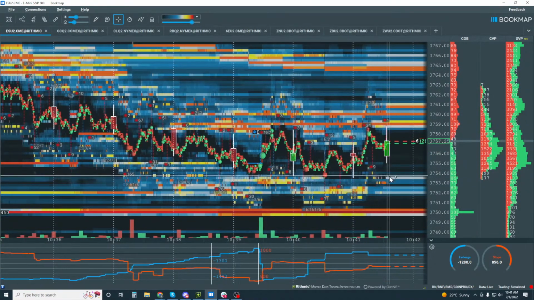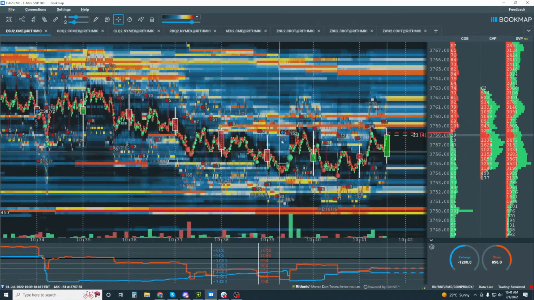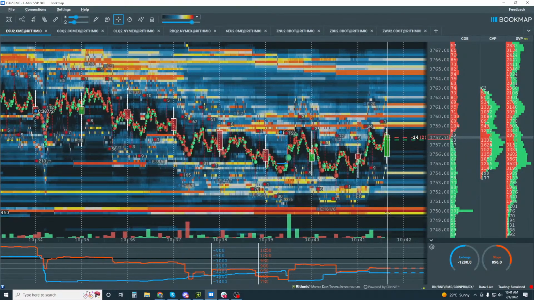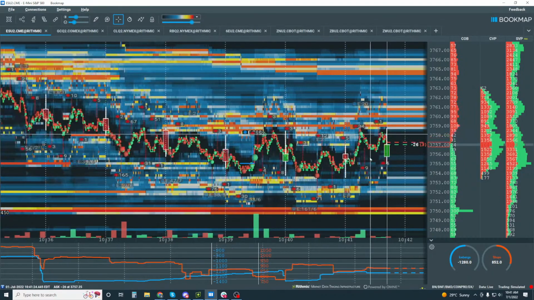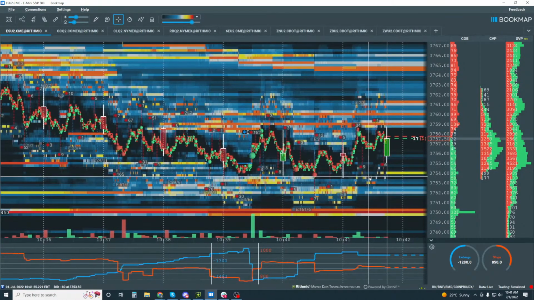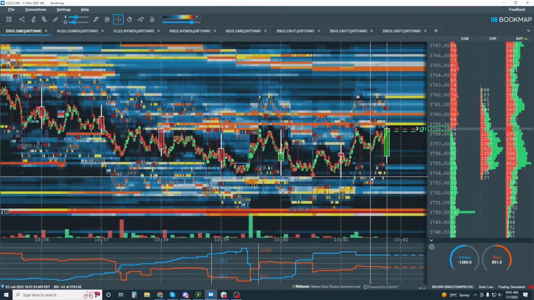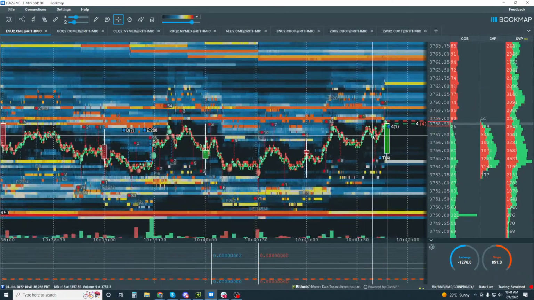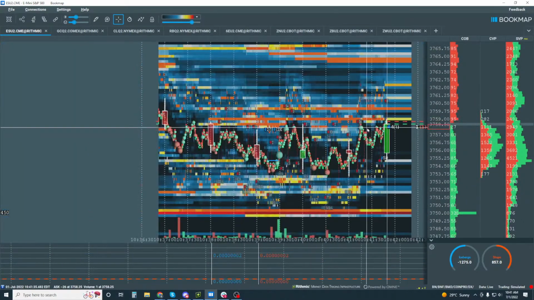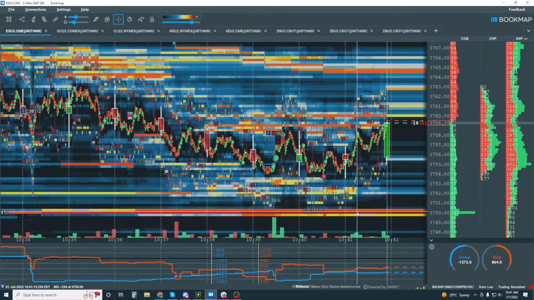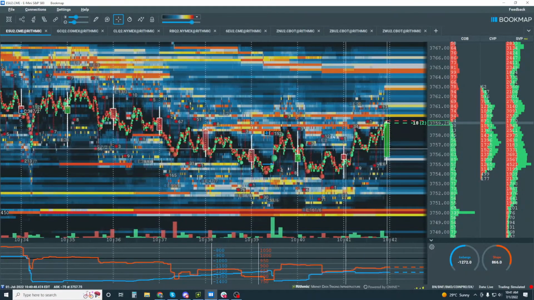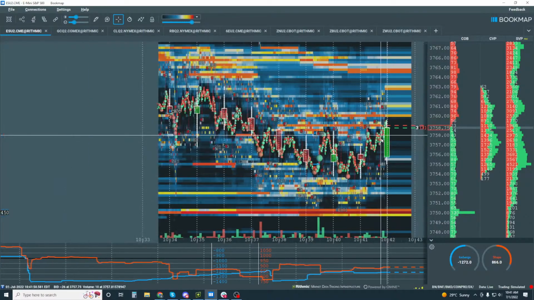One thing to note is this kind of back and forth before the figure here and the high liquidity down here at 37.50, because this is really where it wants to go. Down here, we're just watching and looking at smaller time frame stuff within it.